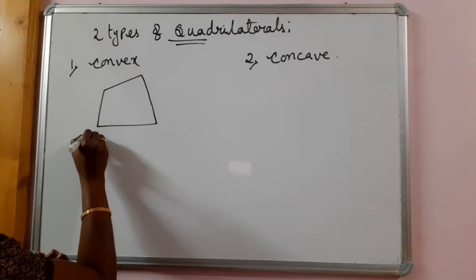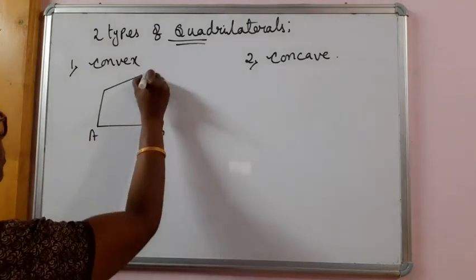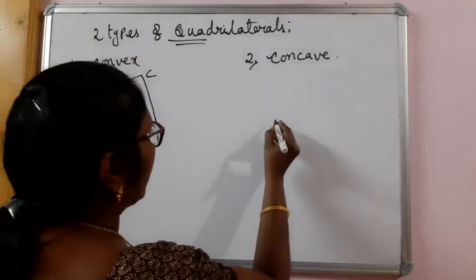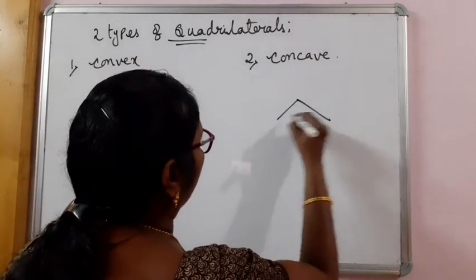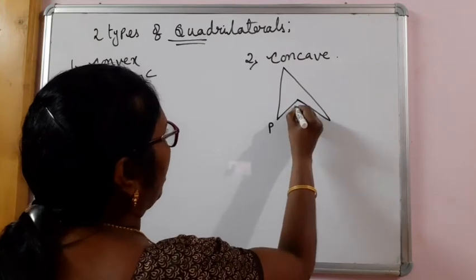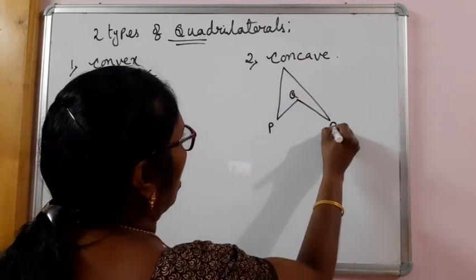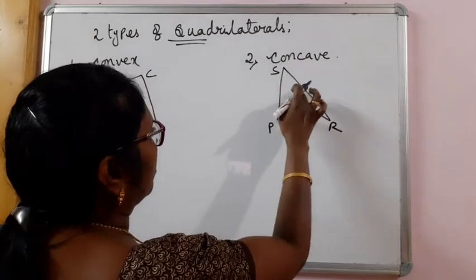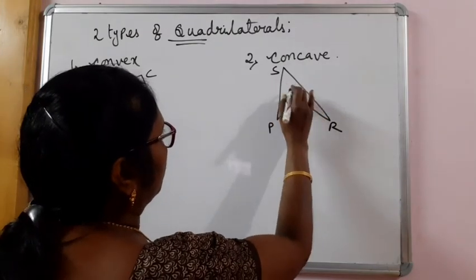Let me name it as A, B, C, D again. And for the concave one, let me name it P, Q, R, S.